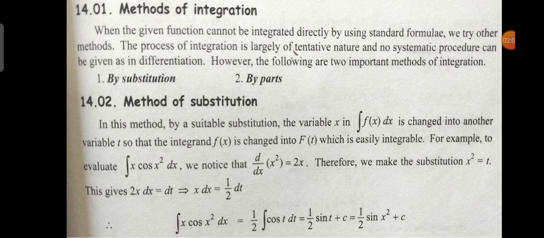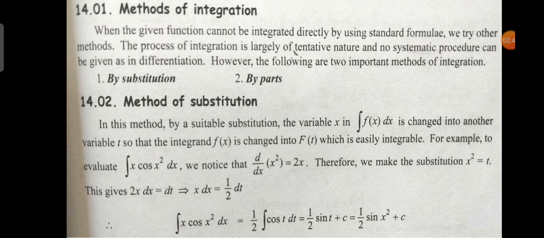For example, if you have to integrate x cos x square dx, at first look it is very difficult. For that, you know the derivative of x square is 2x, and x is given here. So for x cos x square dx, take the substitution x square as t.